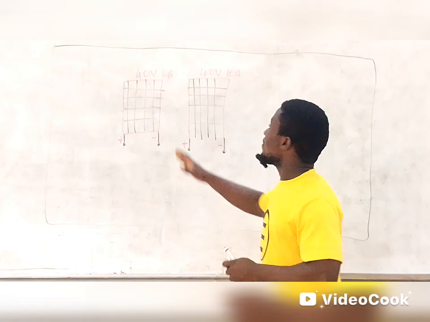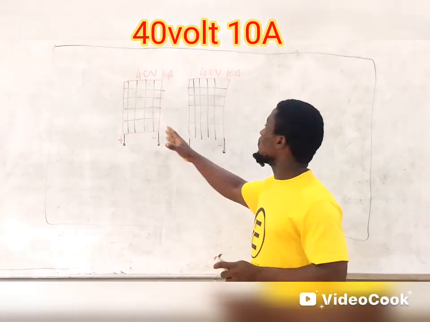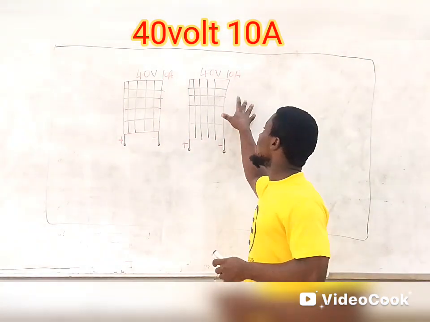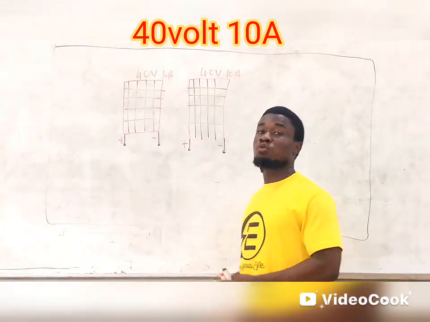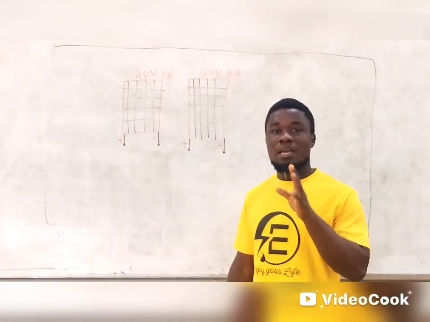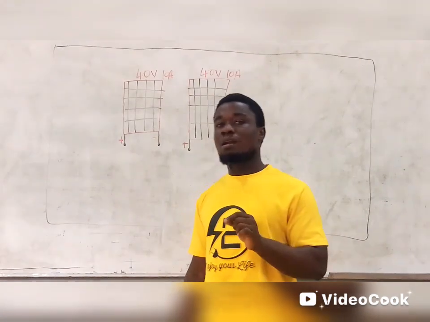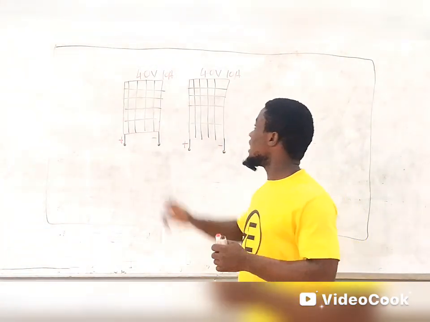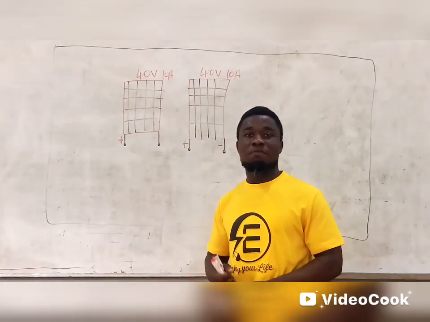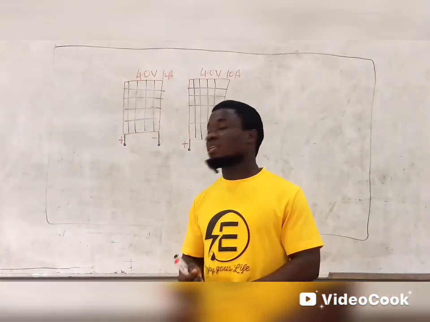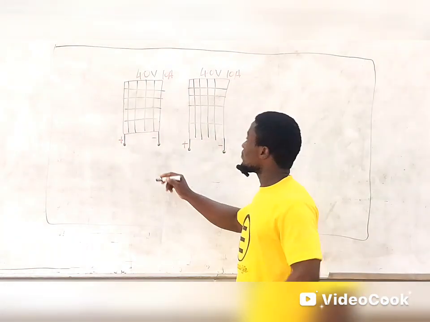So these are 40 volt solar panels with 10 amp of current each. So we are going to look at what happens, because whenever you connect a solar panel in parallel or series connection, these are the two things that are affected. Either the volt will be affected or the current will be affected. So let's look at it now.